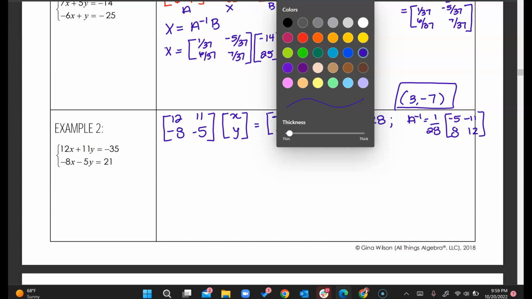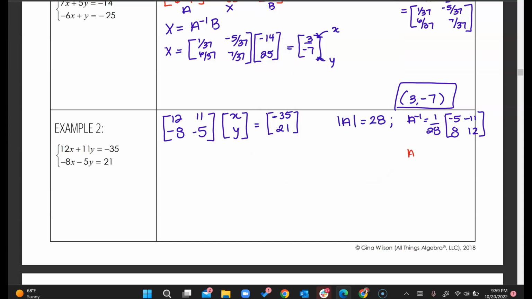So when we multiply this out, we do end up with the following matrix. Now let's remember that this is our A, this is our X, this is our B. So X is equal to A inverse B.